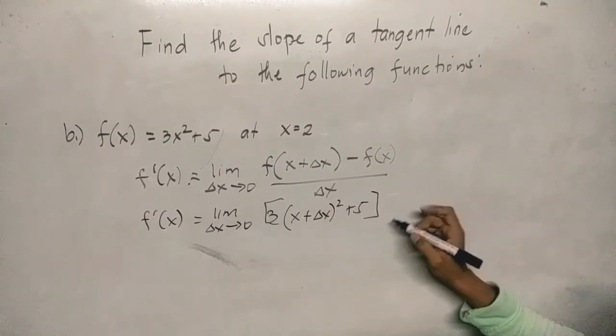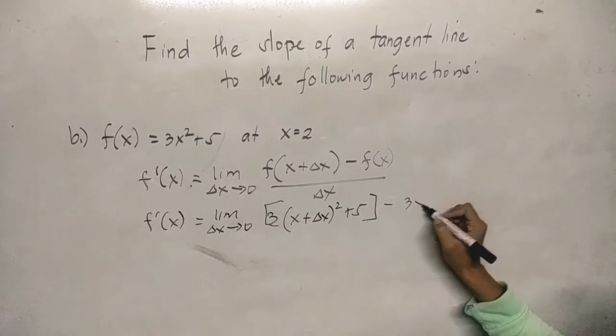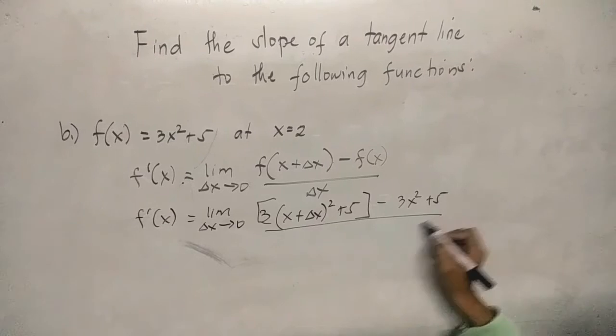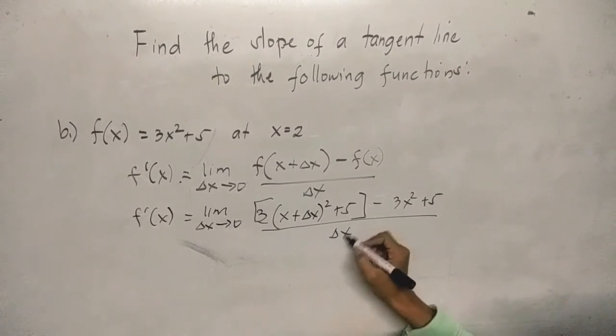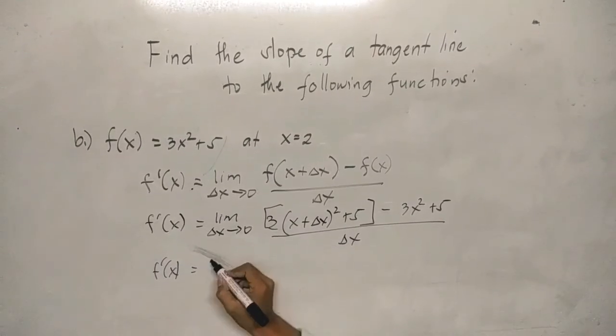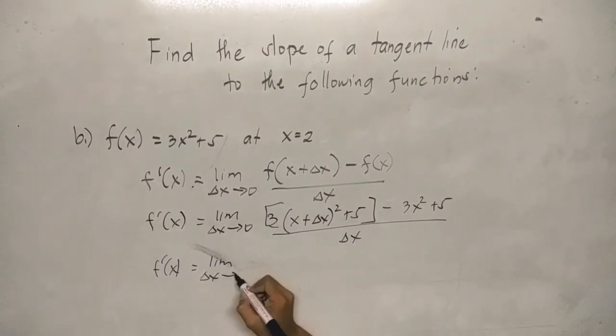Then minus original function 3x squared plus 5, okay, all over delta x. f prime of x, limit as delta x approaches 0.